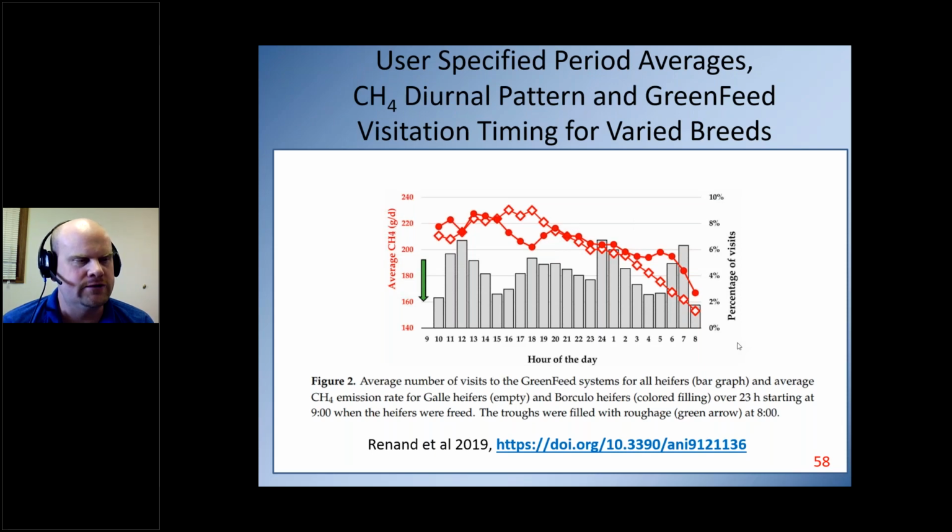So it's important that when people ask about the diurnal pattern effect and the effect of sampling with GreenFeed, GreenFeed can estimate the diurnal pattern. It can show us when the animals are visiting, but in most cases, the bias from our sampling using GreenFeed is actually quite small, and it's really a second order effect.